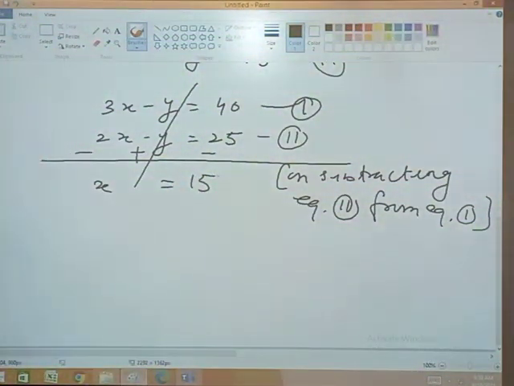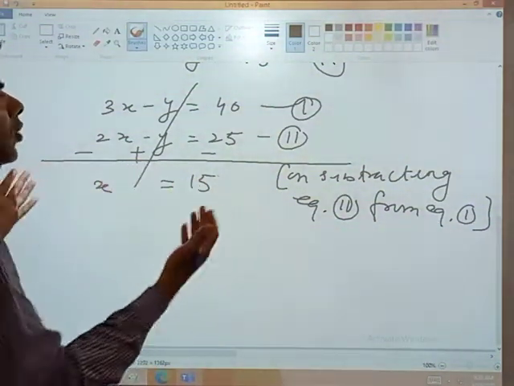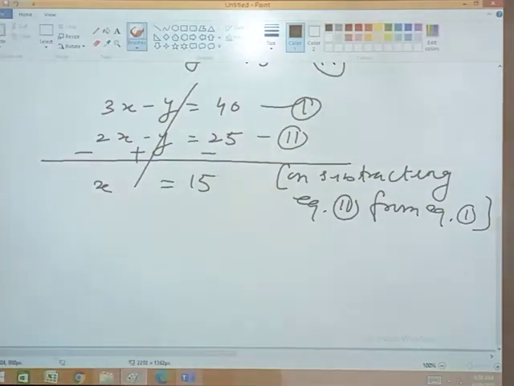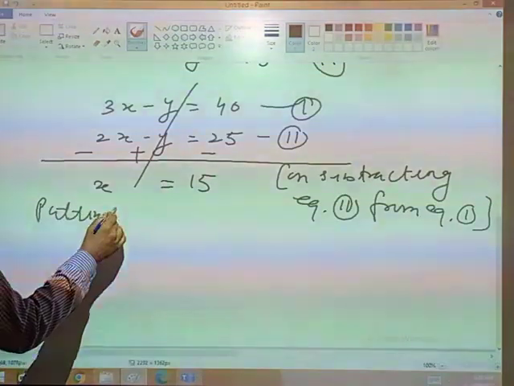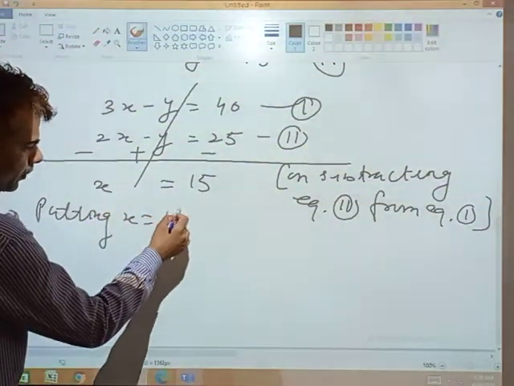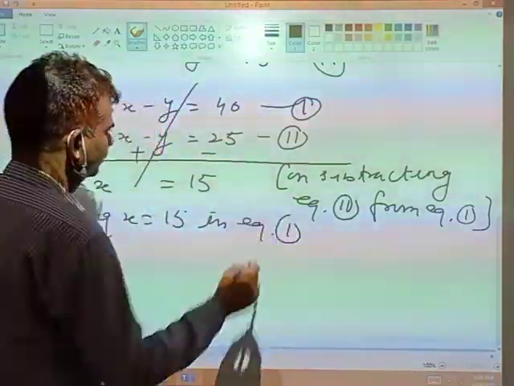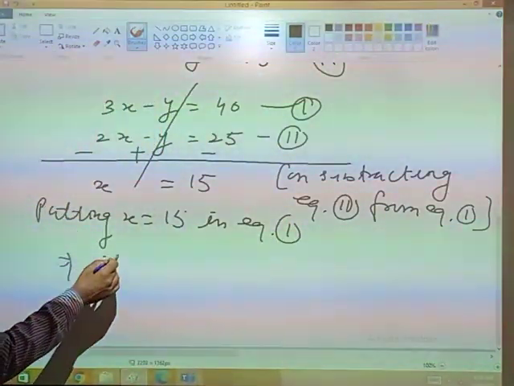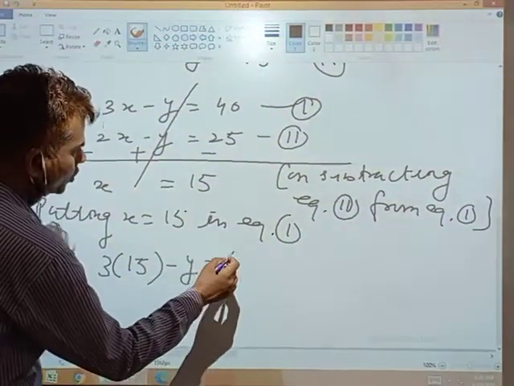Student, x is equal to 15. Then how can you find the value of y? Putting x is equal to 15 in the first equation: 3 into 15 minus y is equal to 40.